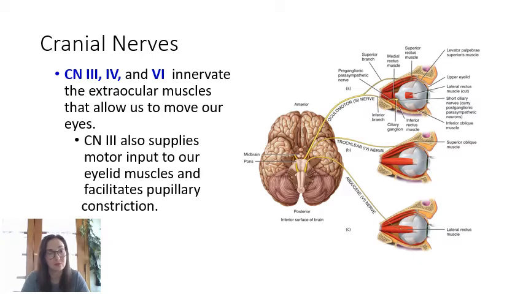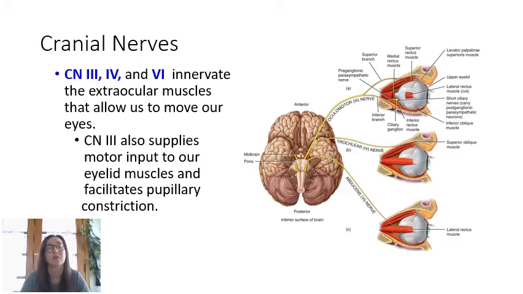These other 2 nerves, cranial nerve 4 and cranial nerve 6, are just there to operate one single muscle each. Cranial nerve 4, the trochlear nerve, only operates the superior oblique extraocular muscle. So it just operates that one little muscle that allows you to look diagonally.